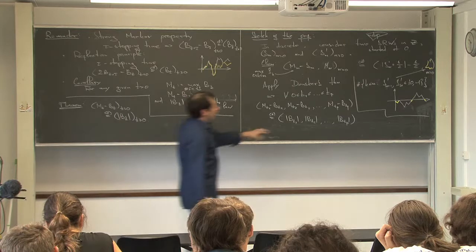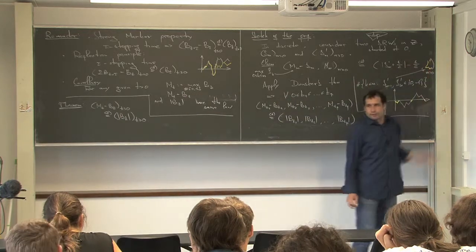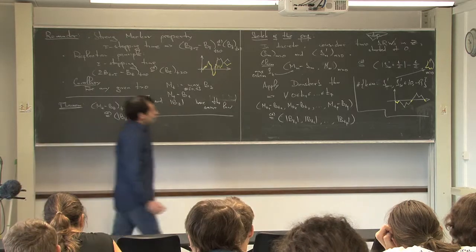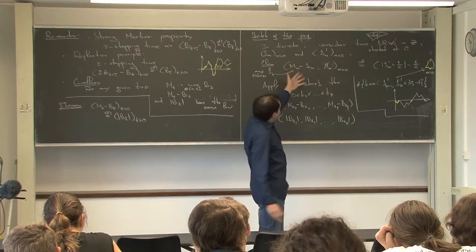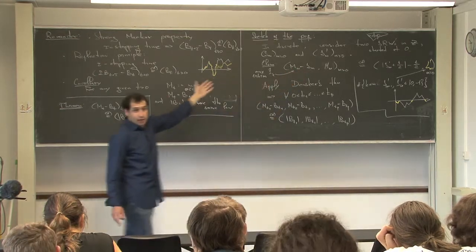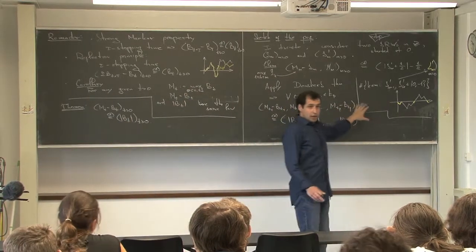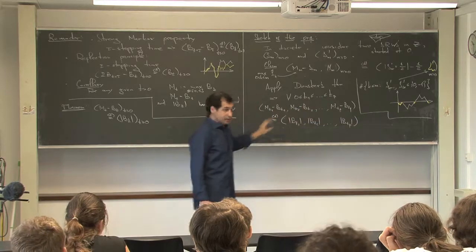Okay, and this 1/2 just disappears because of the scale. And then you say, okay, I know that all the trajectories are continuous, almost surely. So if I know that all the finite dimensional marginals are the same, then I'm done.